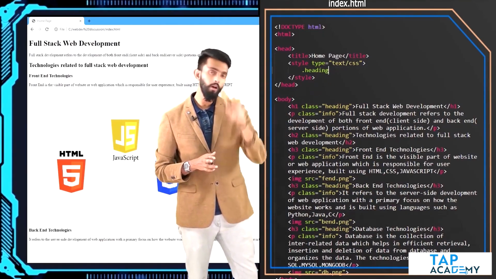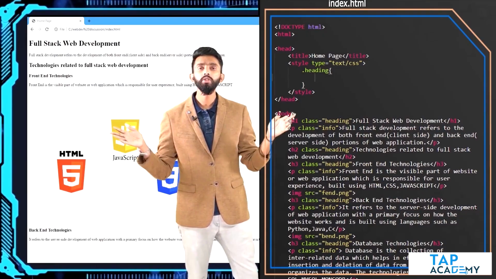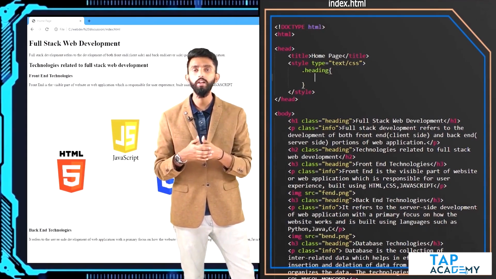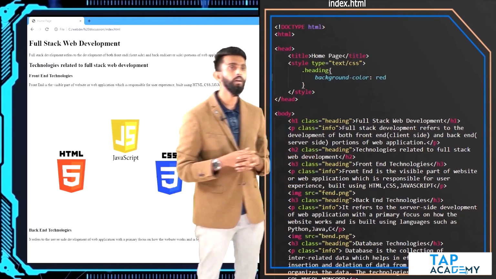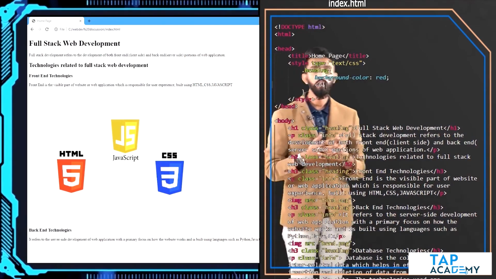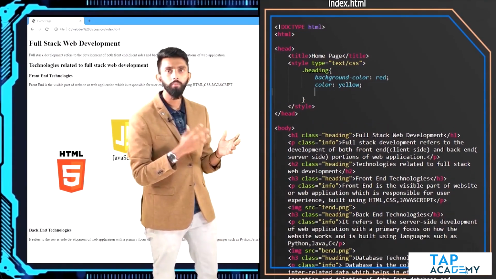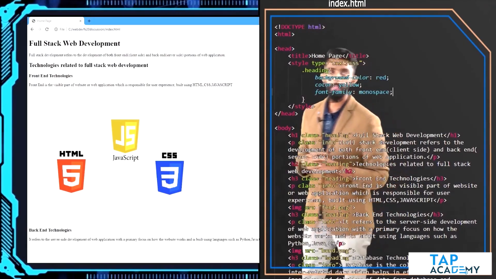Anyways, now I'll put the declaration. Inside that, property value pairs. I want all my headings to have red background and yellow text. So I'm just going to tell background is red, and then color is yellow, and maybe I will make the font family monospace like this.